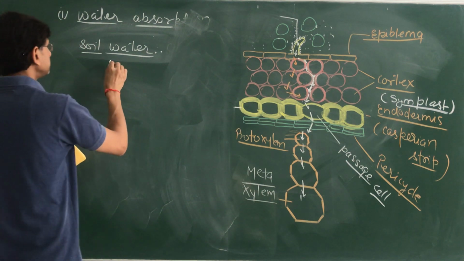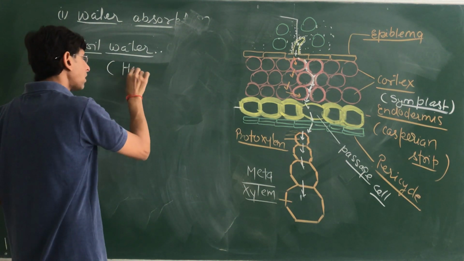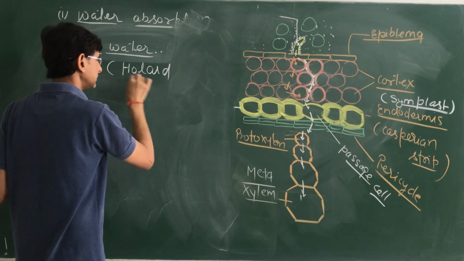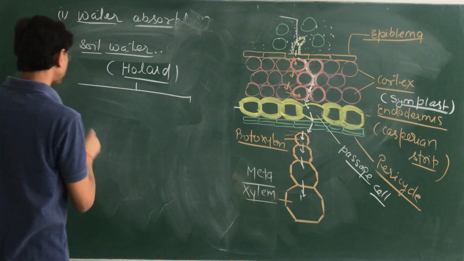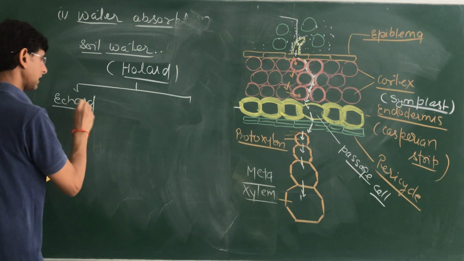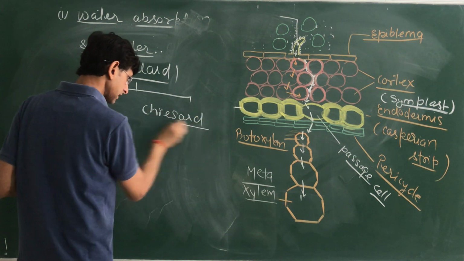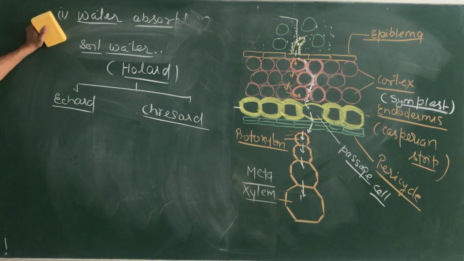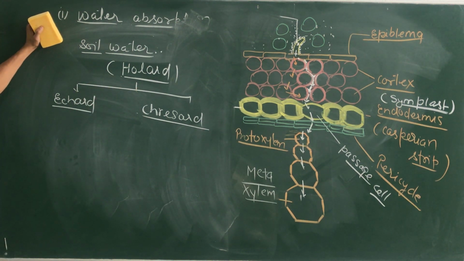The total soil water is called holard, and holard is of two types, ecard and cresard.